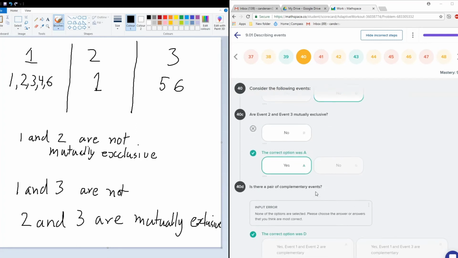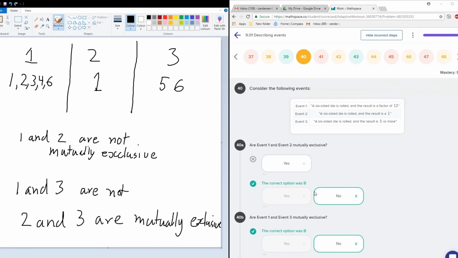Now, is there a pair of complementary events?